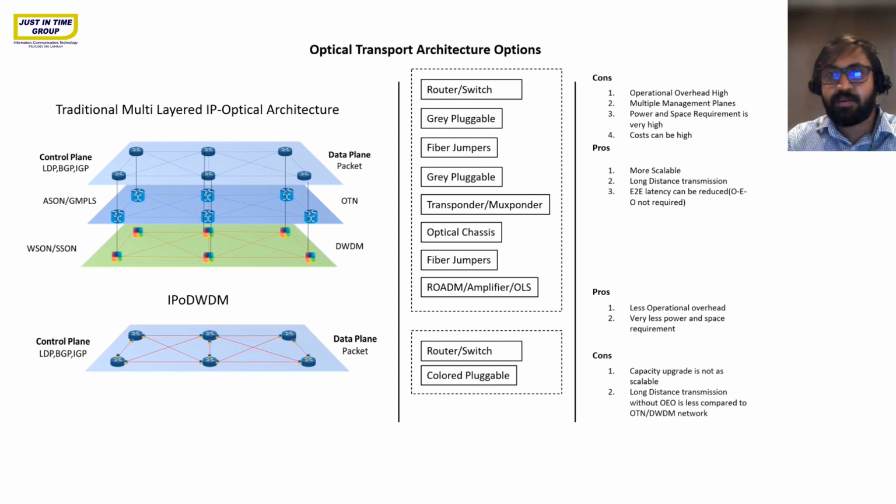So you'll have to carry multiple services in that kind of a domain. You're going to need OTN and also DWDM to do that, and that has been the prominent way of doing things. But nowadays there are other options, and IP over DWDM is another option.